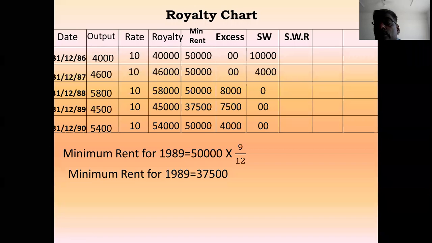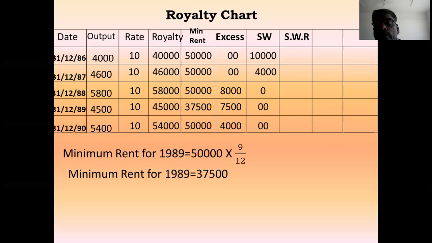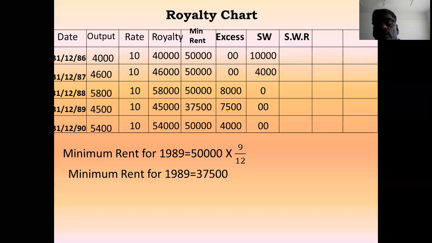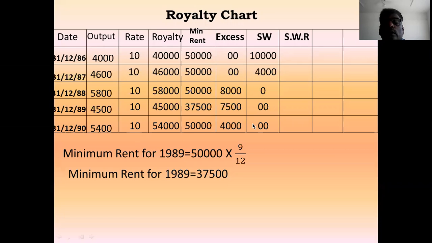Once again, I am repeating. 10,000 is the short working. That is to be recovered in the next 2 years. Next 2 years means 87, 88. And how to recover? Maximum 5,000, which means 87, 5,000 and 88, 5,000. It is possible. So 10,000 can be recovered in the next 2 years.